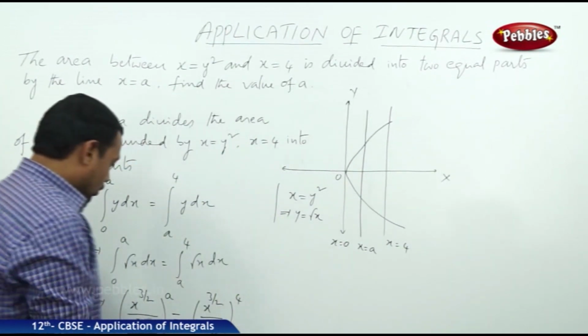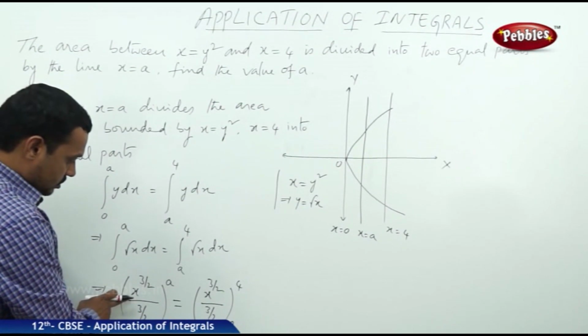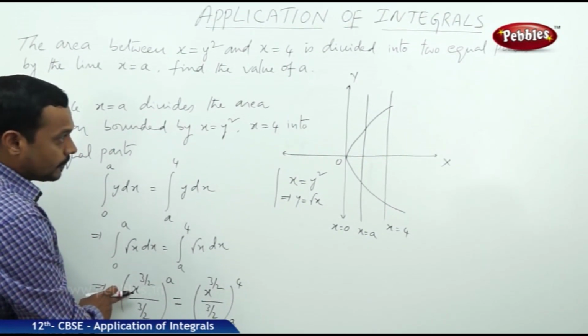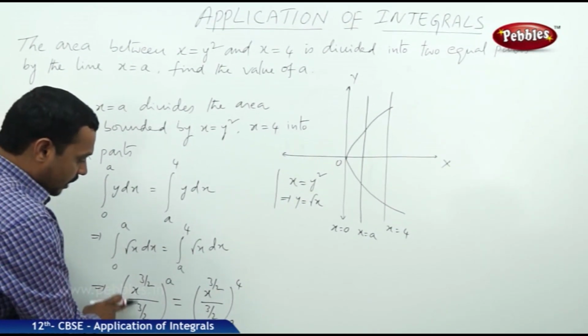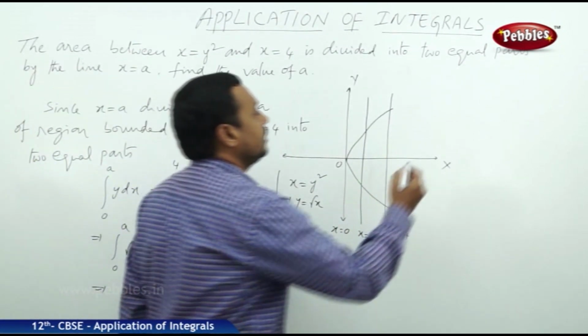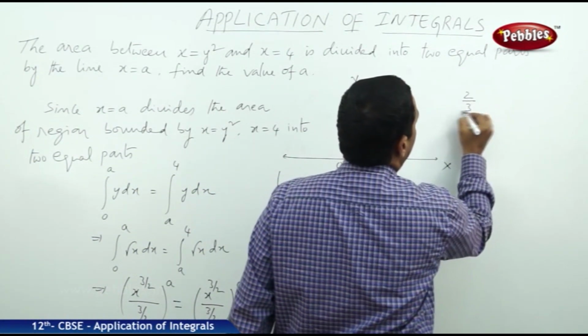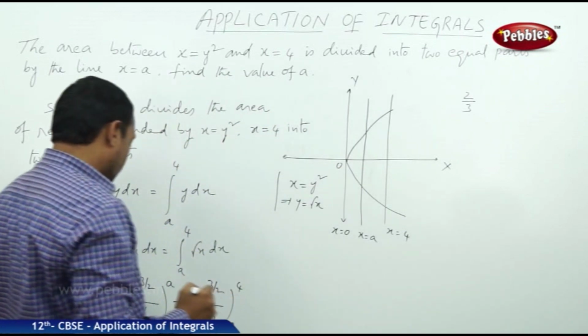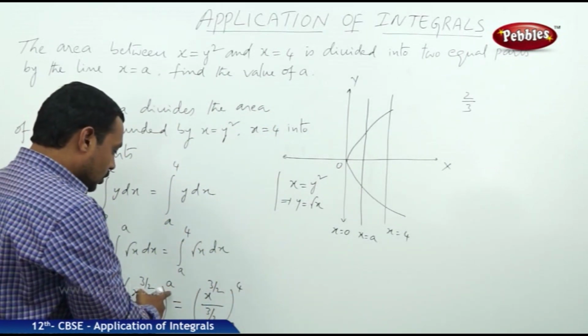Now 1 by 3 by 2 is equal to 2 by 3 into x power 3 by 2.